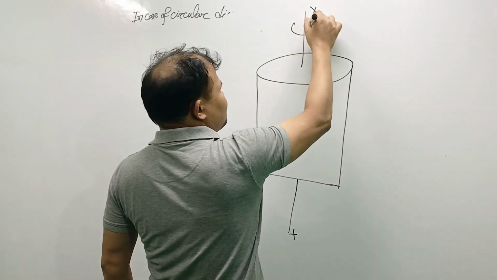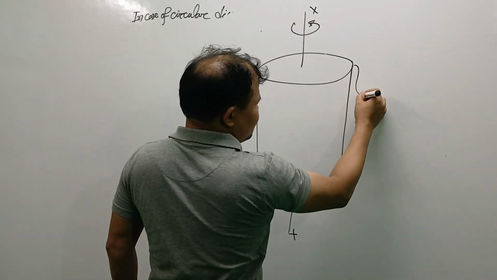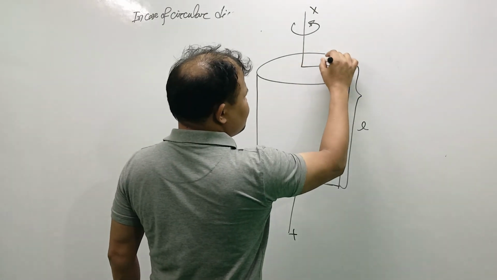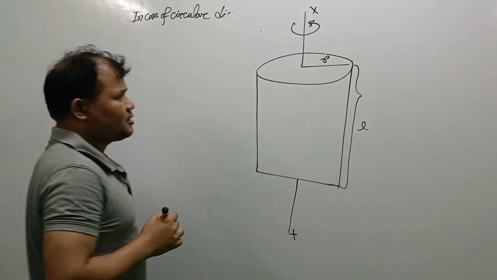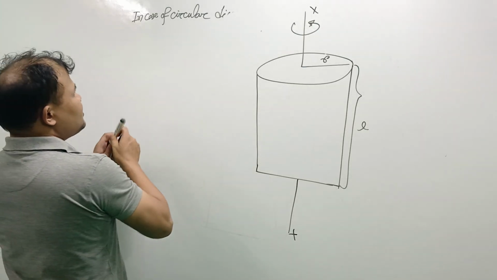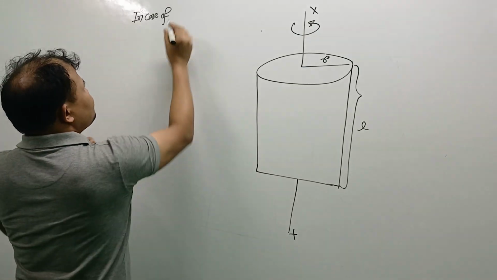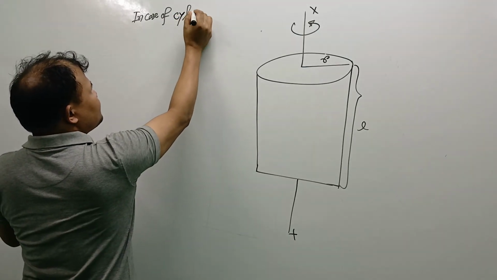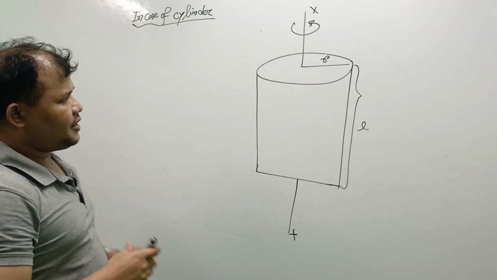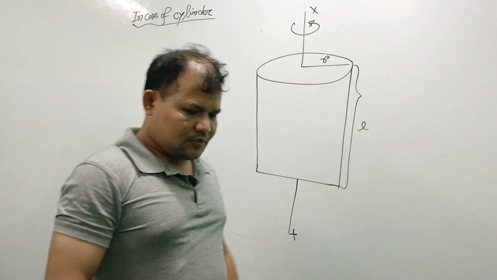This is the direction of the rotation, the length of the cylinder is L, and the cross sectional radius of the cylinder is R. My dear students, in the case of the cylinder, we try to find the moment of inertia.